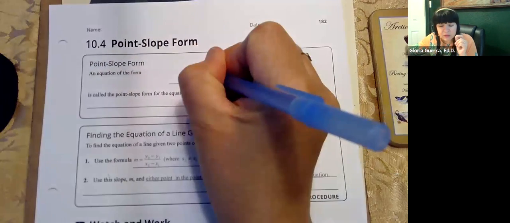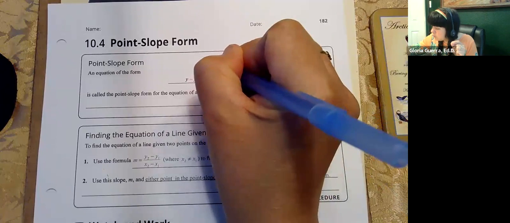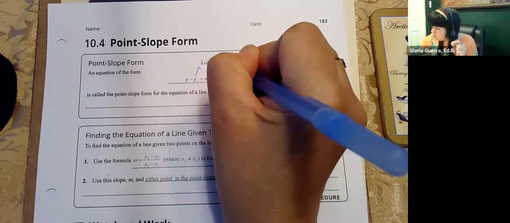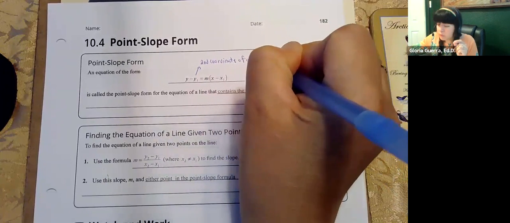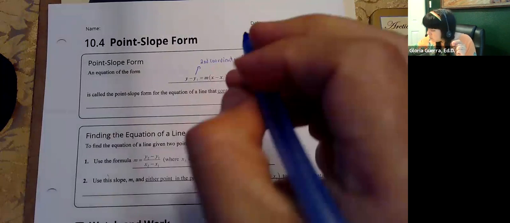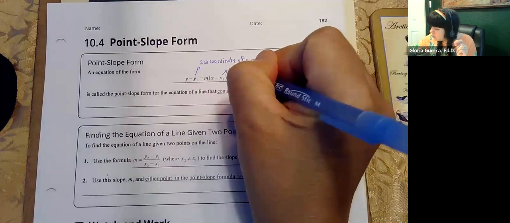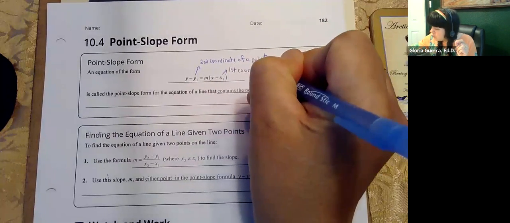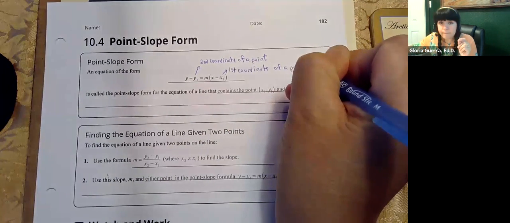And let me point out that y sub 1 is going to be the second coordinate of a point, and x sub 1 is going to be the first coordinate of a point.